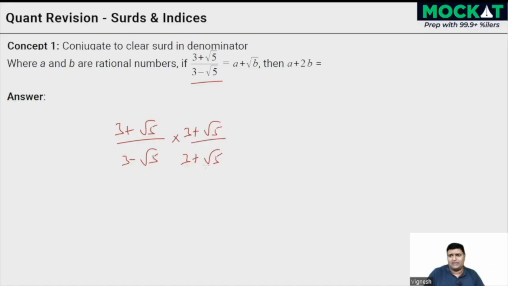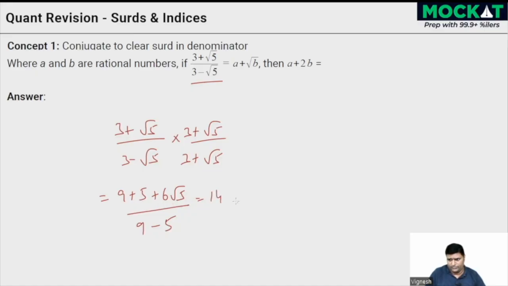I get the denominator in the a square minus b square form, a minus b into a plus b. And what do we have here? 3 plus root 5 the whole square is 3 square plus root 5 whole square plus 2ab, 6 root 5, divided by 3 square, which is 9, minus root 5 square, which is 5.